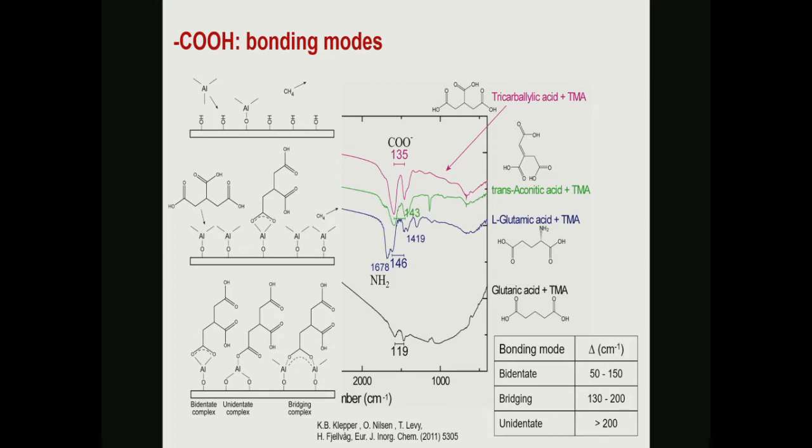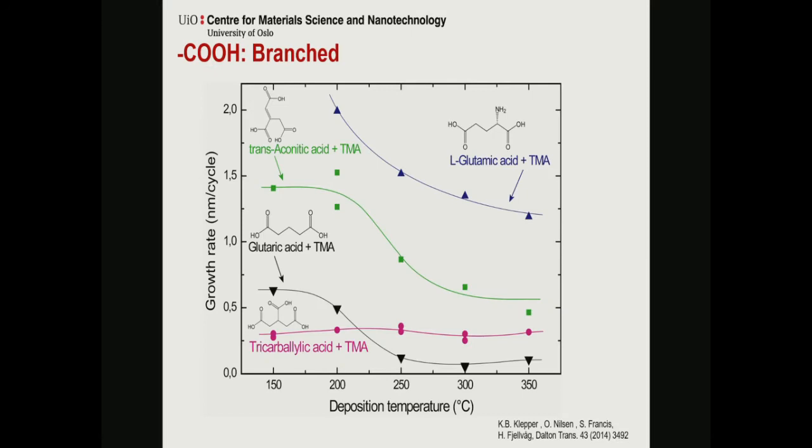The splitting of the peaks here can give you some information, and that's kind of nice to follow when you later treat your material. Okay, you can branch them, and again, there are some very consistent appearances with temperature.